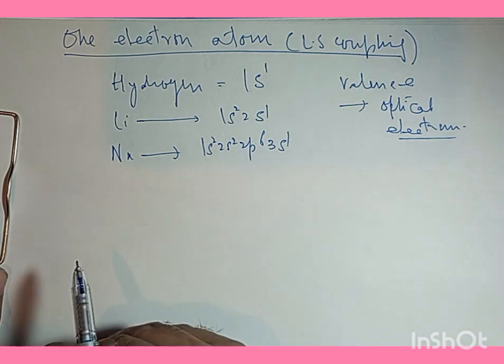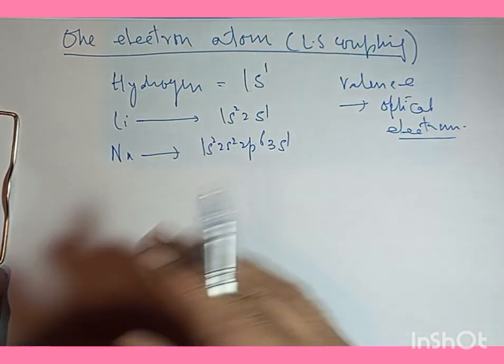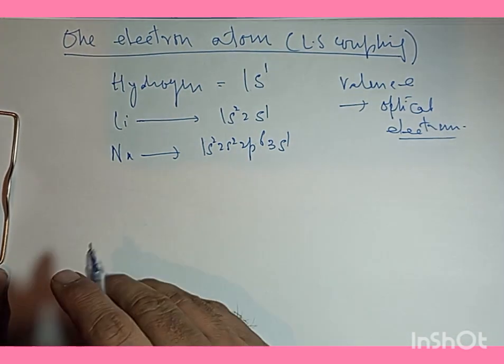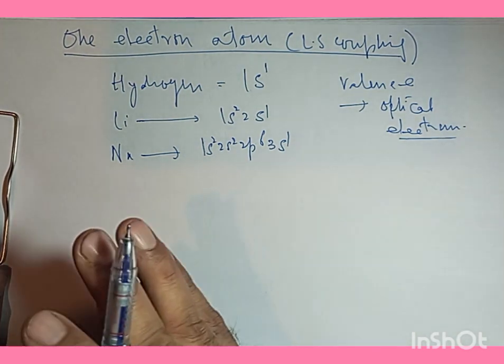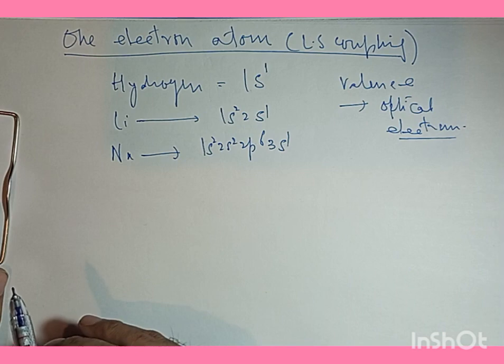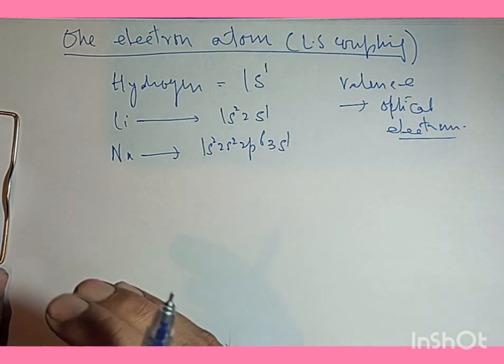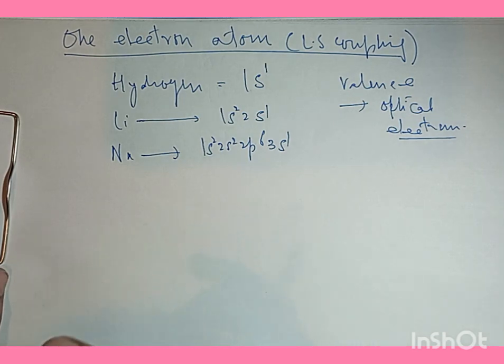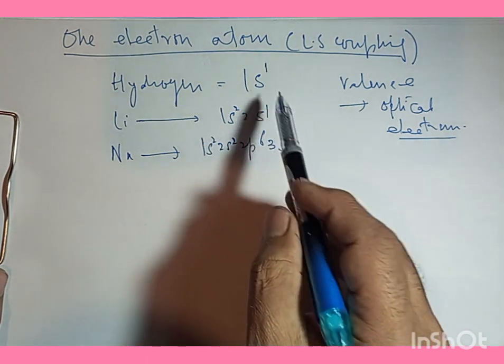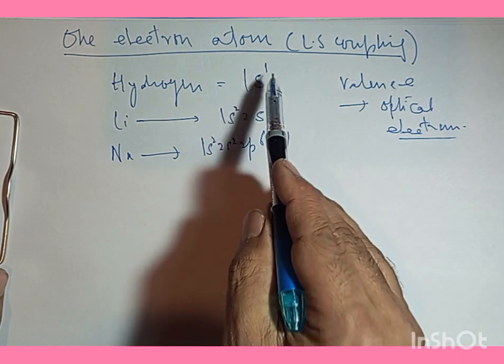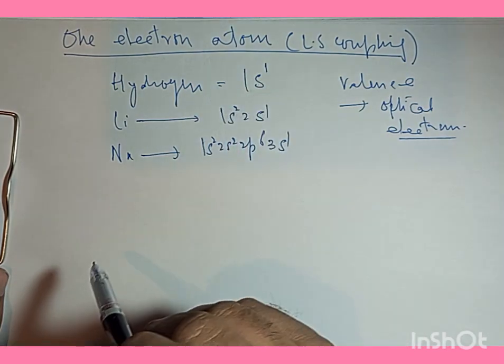We are not interested in dealing with the properties here. Our intuition here is basically to calculate the LS coupling, to calculate the total angular momentum of this electron, which is present in the outermost shell of an atom.